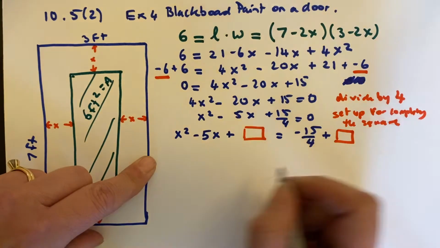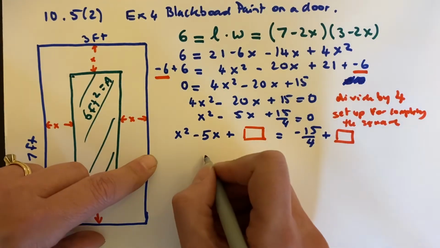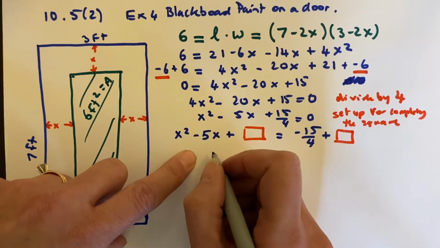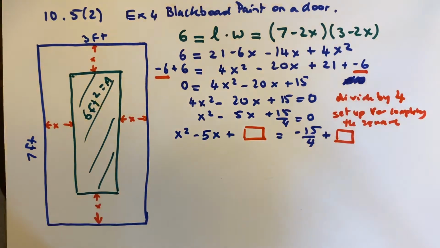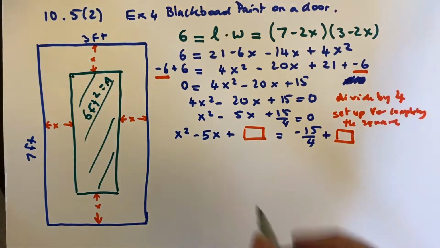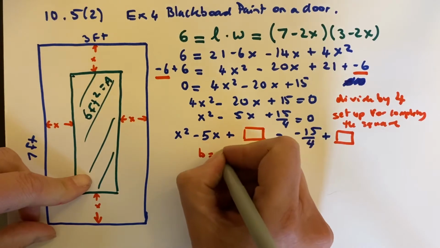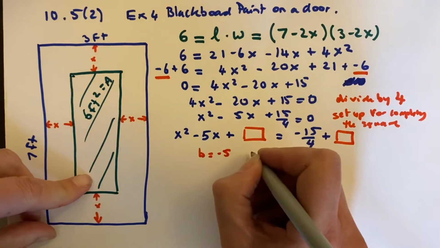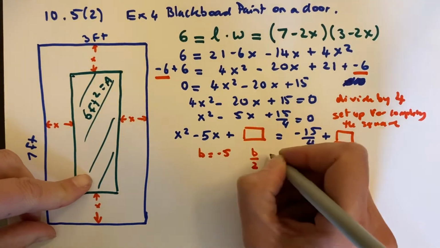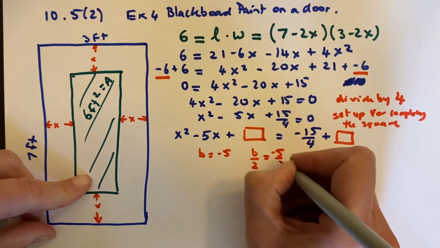Okay, well, what's my c value? Well, c is b over 2 squared. So if my b is negative 5, well, b over 2 is negative 5/2.